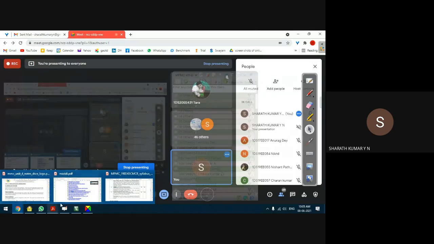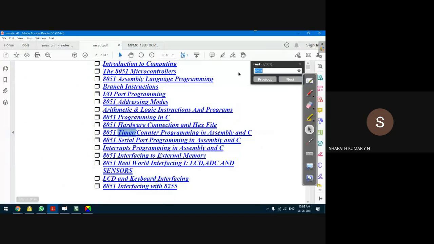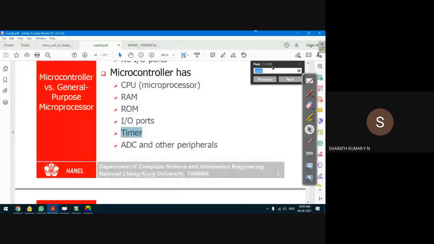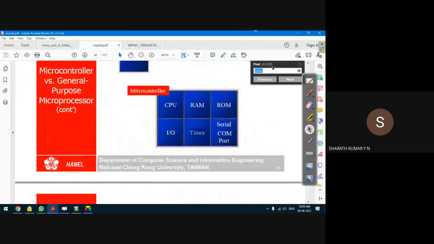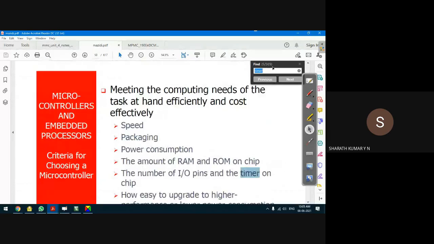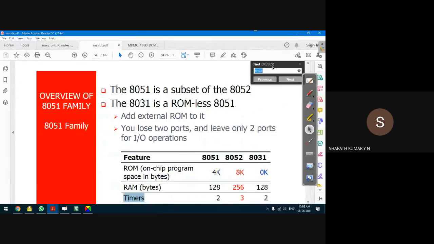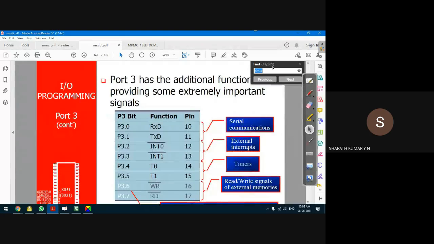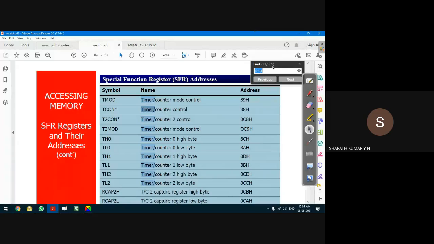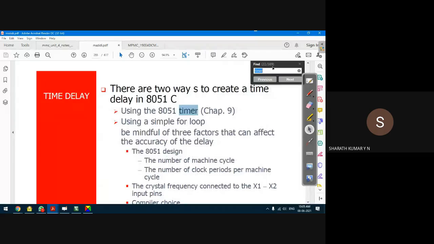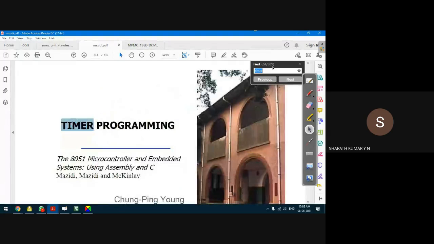Okay, so timer part. Okay, here we go. Okay, so page number 313.